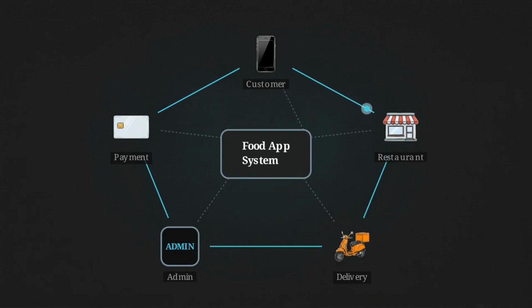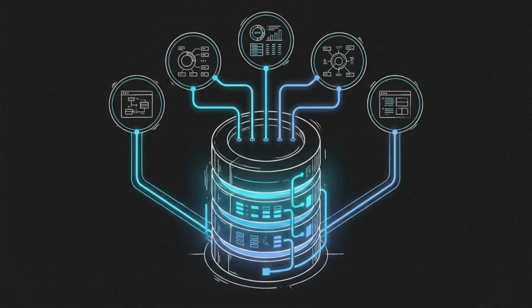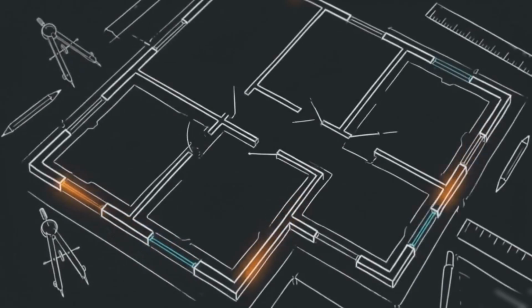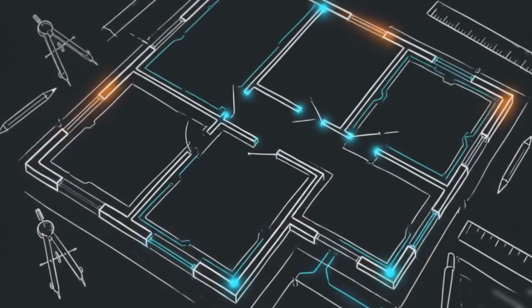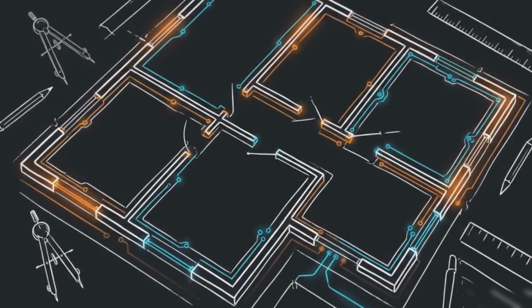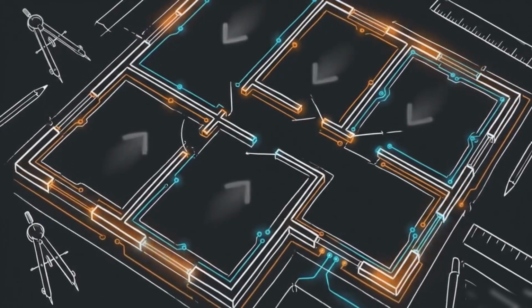We map out the path data takes from the customer making a request to the restaurant receiving it. Finally, we assign overarching database structures and dictate the architectural standards the entire system will adhere to. High-level design establishes the structural boundaries and integration points before a single piece of specific application logic is formulated.